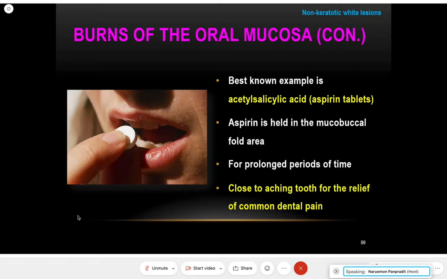They hoped it would stop the pain on that side together. So they put the tablet of aspirin or painkiller in the sulcus close to the painful tooth, and the contact of the tablet can cause a chemical burn at that area.